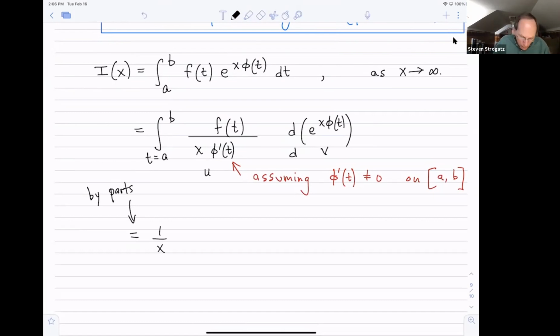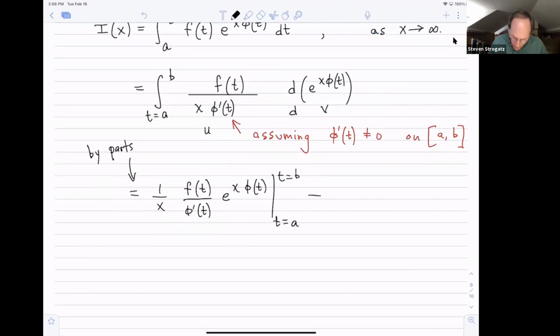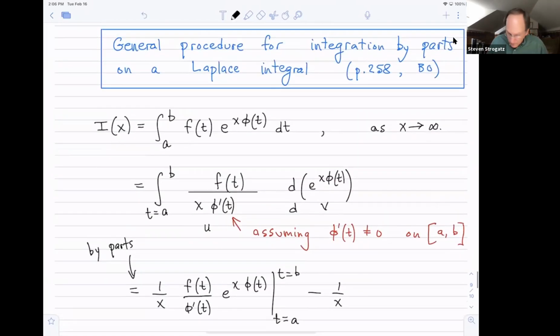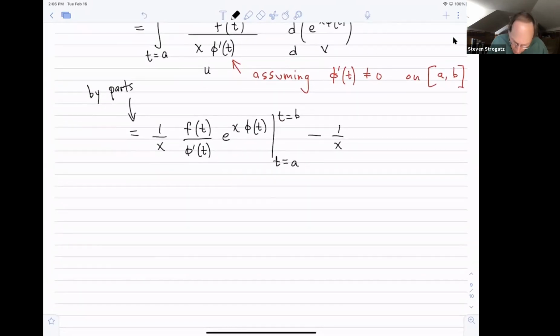So I have to go uv, so it's 1 over x, f of t over phi prime of t, e to the x phi of t, all of that evaluated at the boundary t equals a, t equals b, and then minus what we hope is a smaller term, 1 over x, integral from a to b, d by dt of f over phi prime.